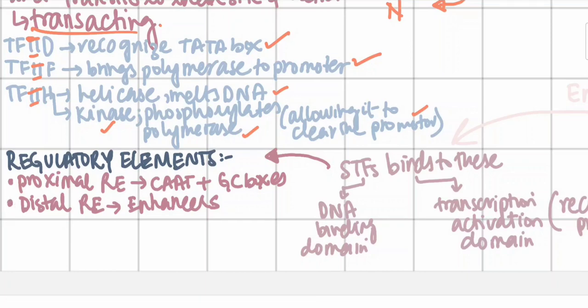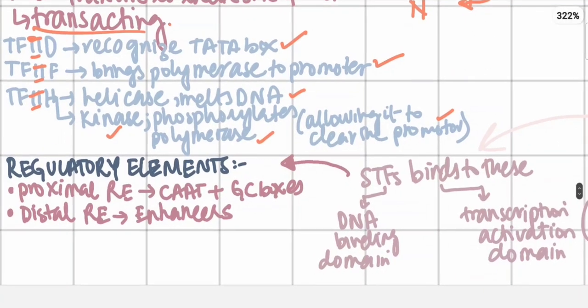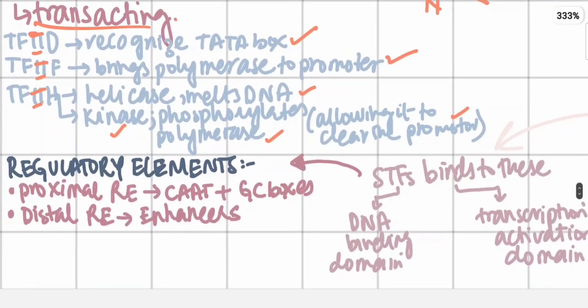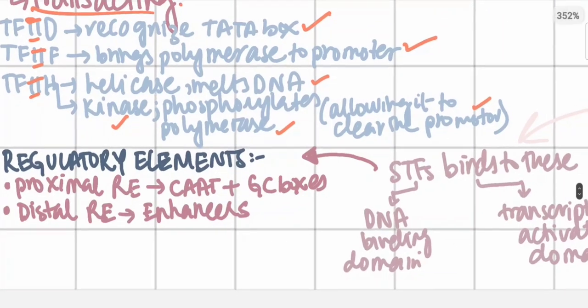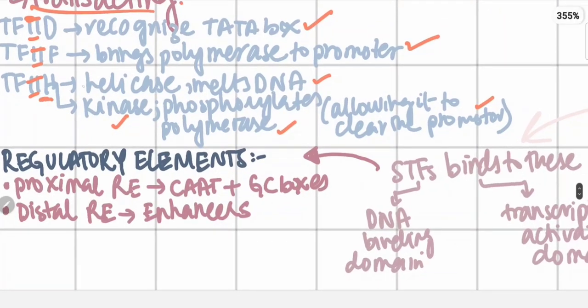So these are points to remember, and some mnemonics you could use: H is for helicase, and D is for D, and T has the same kind of sound, so D T D T you could say like that, and the last one is polymerase. So TF2F brings polymerase to the promoter.